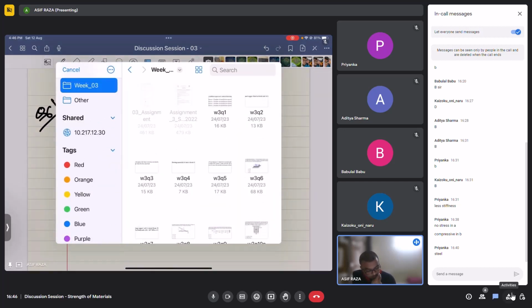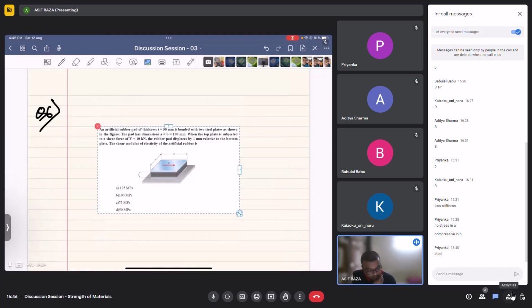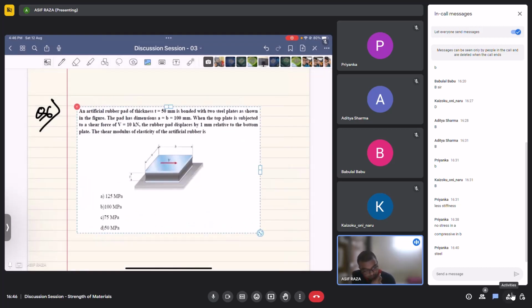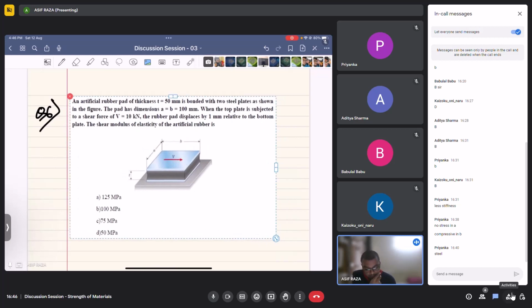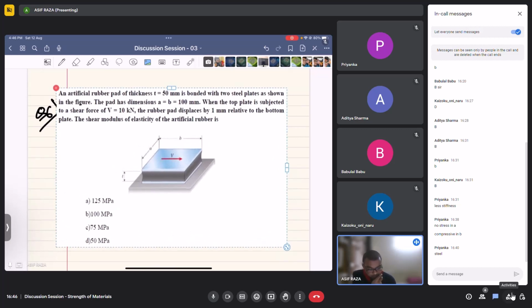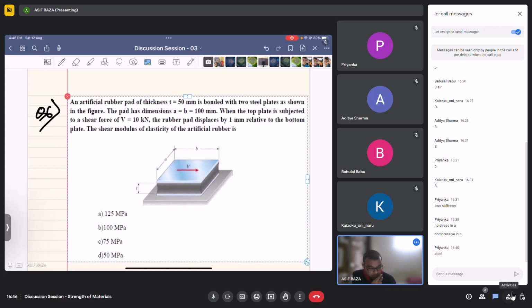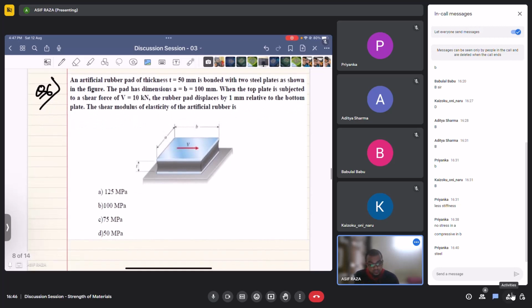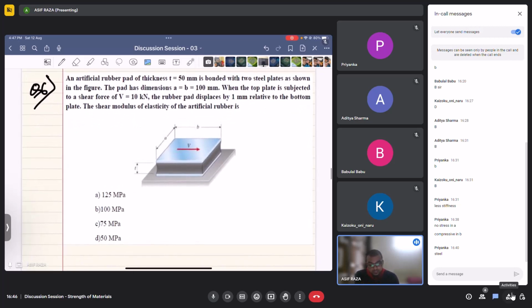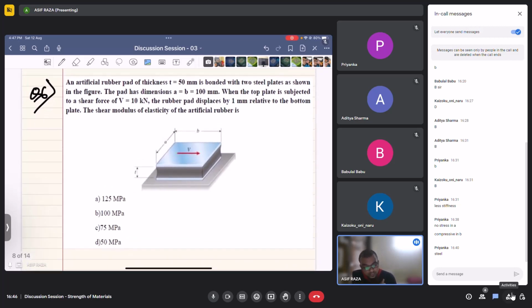So question number 6. Seeing the question, it feels like it would be a tough one. Let's see. It's an easy question. You just need to see what data has been provided. An artificial rubber pad of thickness T equal to 50 mm is bonded with two steel plates as shown in the figure.